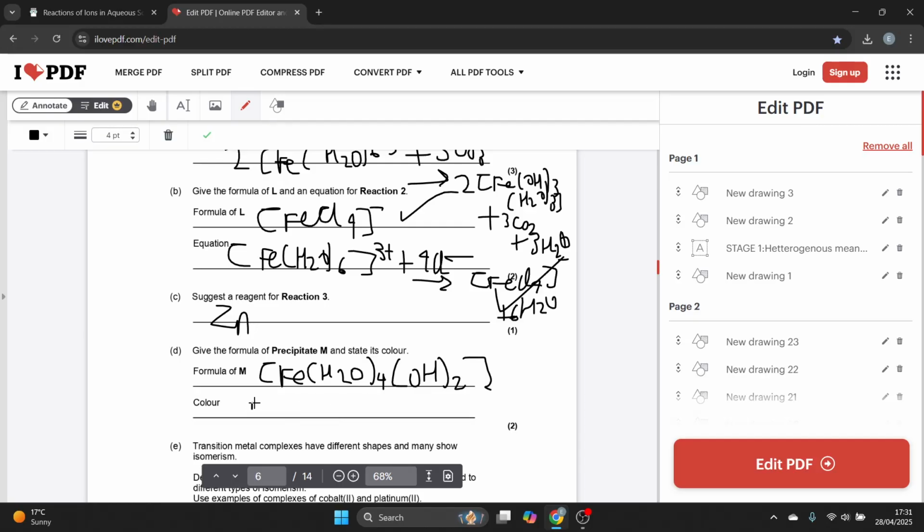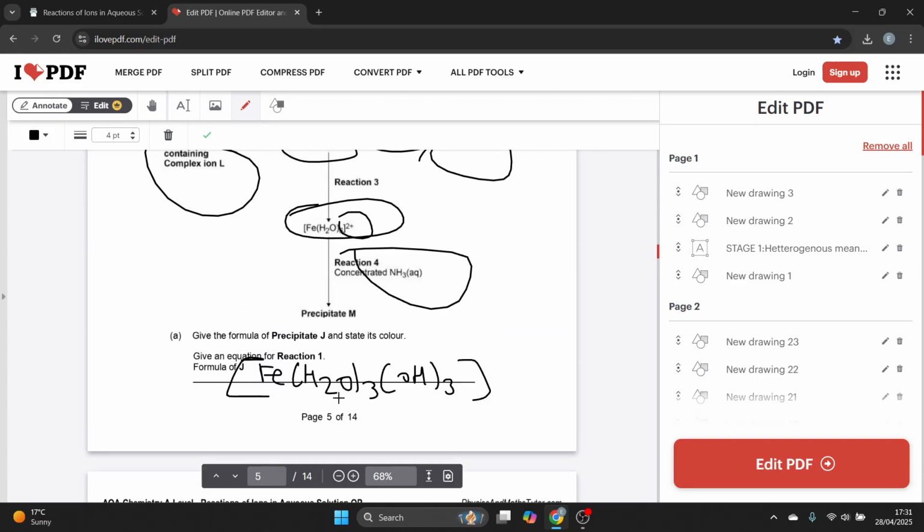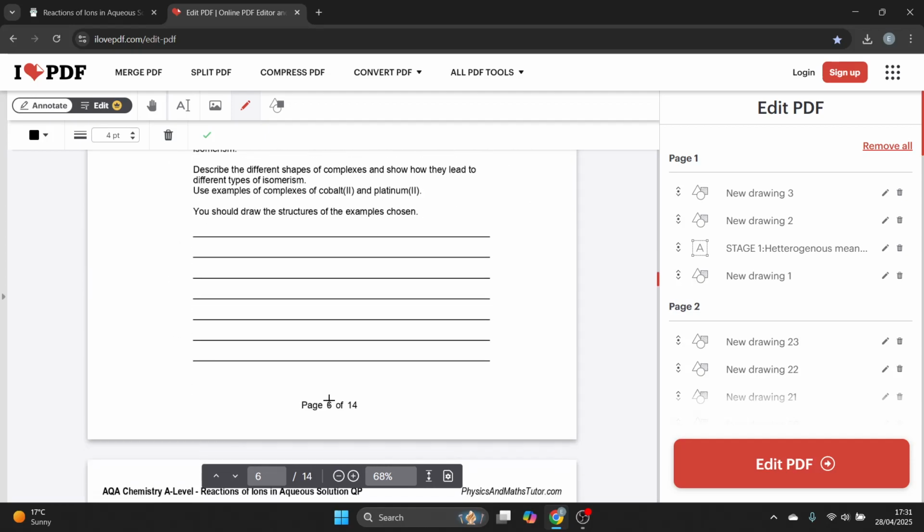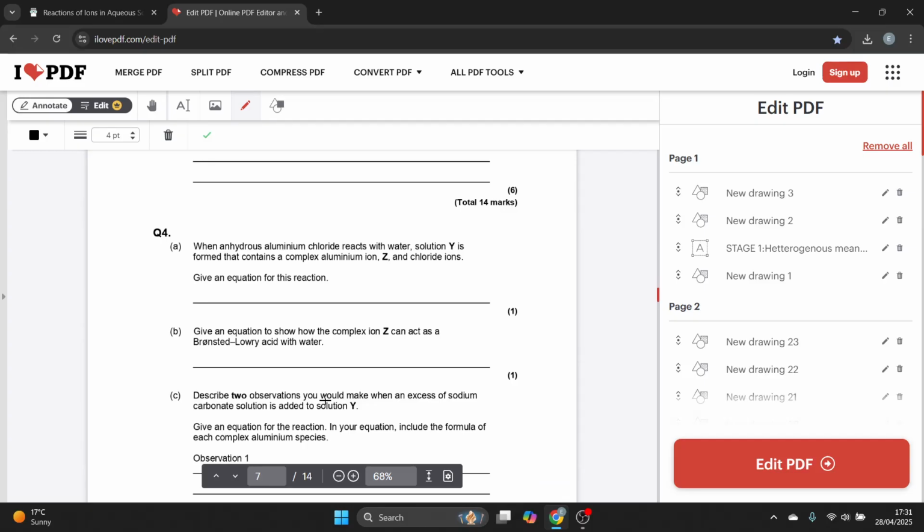And it's like, no, you don't. I just want the formula. But you still should write down the equation in order to get the formula, obviously. And with M 2+, green is the color you're looking for. 6 marker.